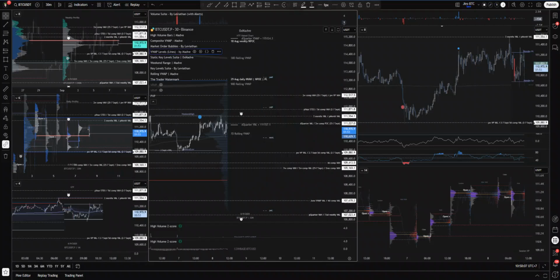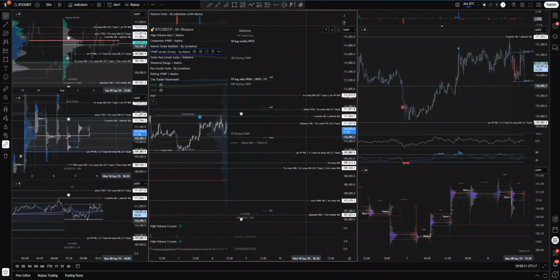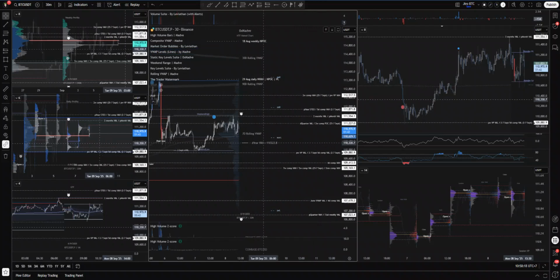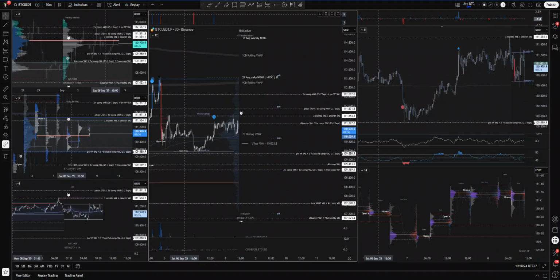How about the yearly? It's in the middle. Okay, that's tricky. So I'm gonna leave it like this, so I can see where the developing year is developing, where the value of the developing year will be.